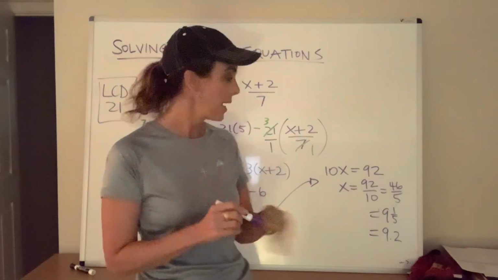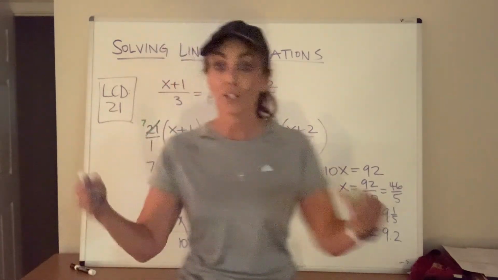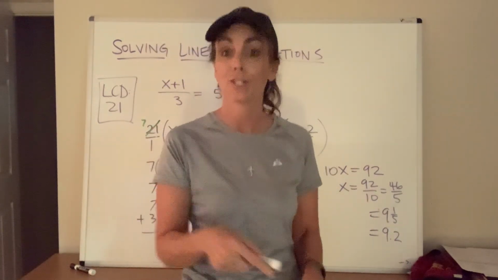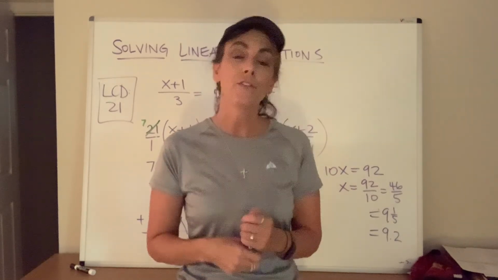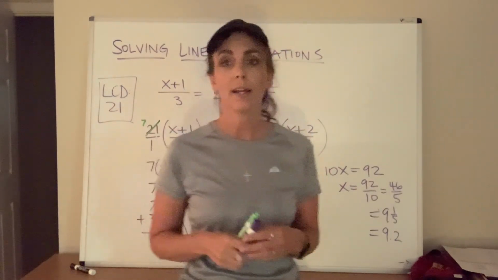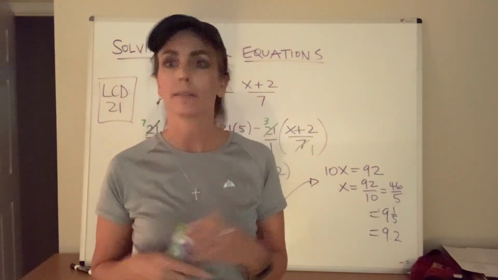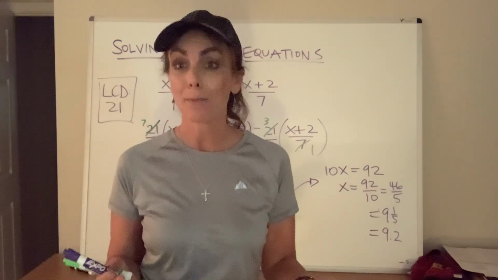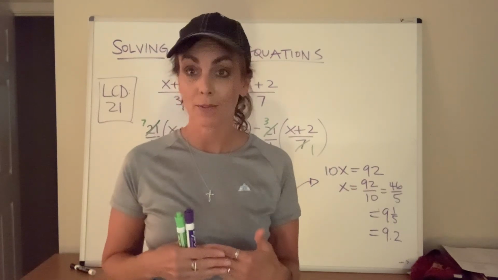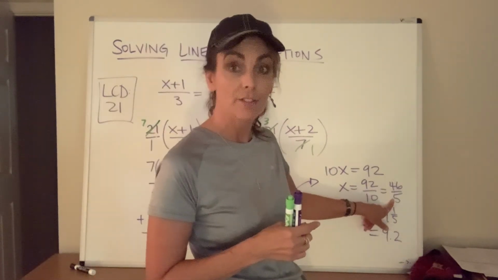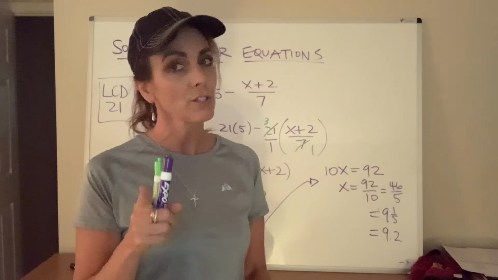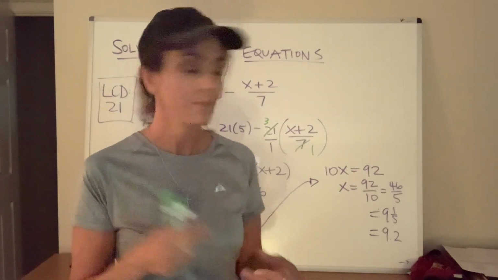If you divided this on your calculator, it would say 9.2. That's okay. Now, if you divided it in your calculator and your calculator said 9.2174396, you cannot write 9.2 unless you're asked to round. Simplified fractions are better in that case, but if you have a terminating decimal, that's okay.